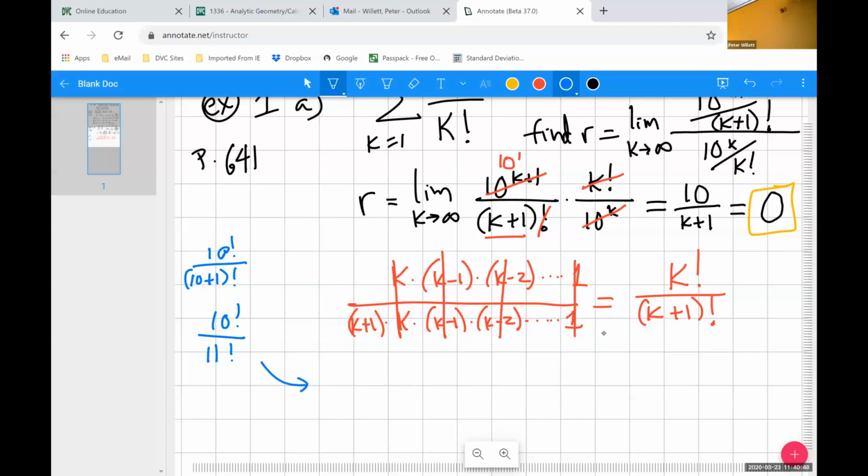So that would mean in the top, I have 10 times 9 times 8 times 7 down to 1. And the bottom, I have 11 times 10 times 9 times 8 times 7 down to 1. Because from k plus 1, I drop down to k and continue dropping down, everything after the k plus 1 is the exact same thing that's in the top, and I'm just left with the one in the bottom.